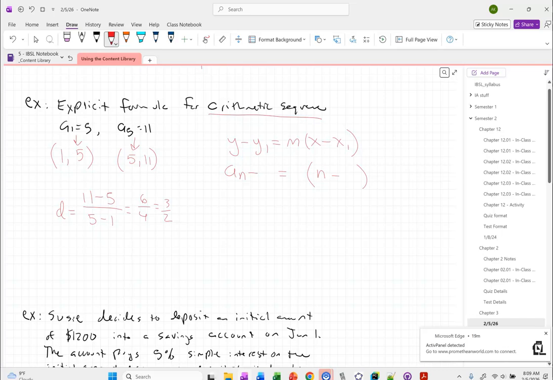The m is the slope, the common difference. And then y1 could be either 5 or 11. And the x1 will be corresponding to whichever y you pick. I'm going to pick this one because the numbers are smaller. And then I just clean up.